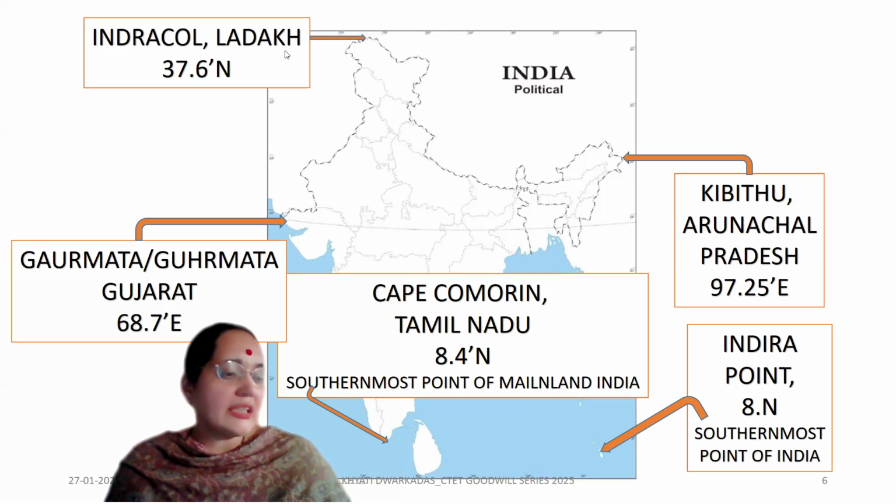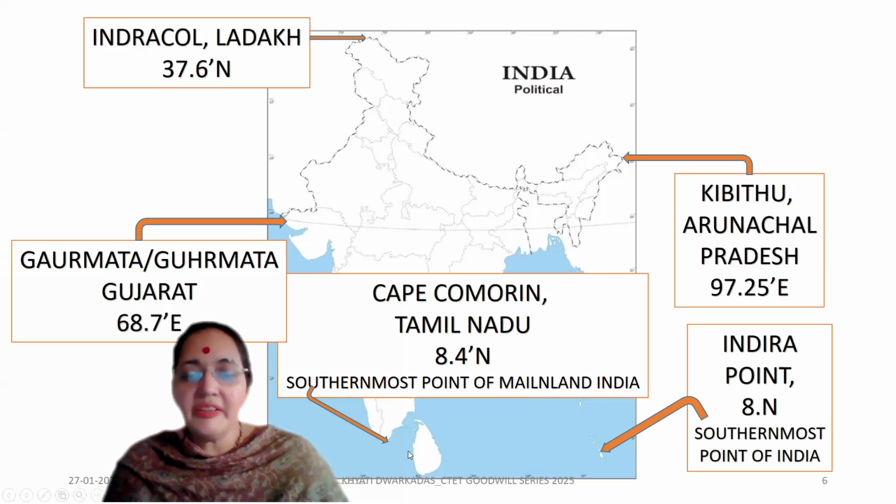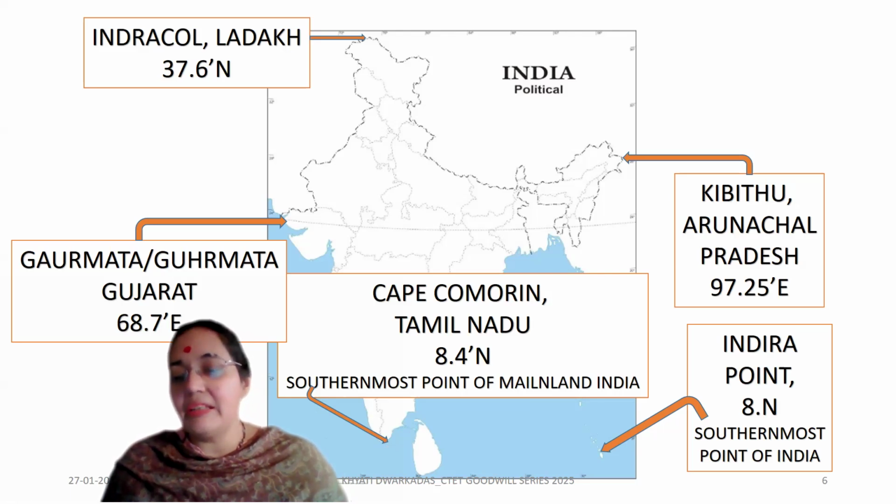And that is your 37 degrees 6 minutes north, northernmost point. Over here at Cape Comorin in Tamil Nadu, that is 8 degrees 4 minutes north, which is your southernmost point of mainland India.